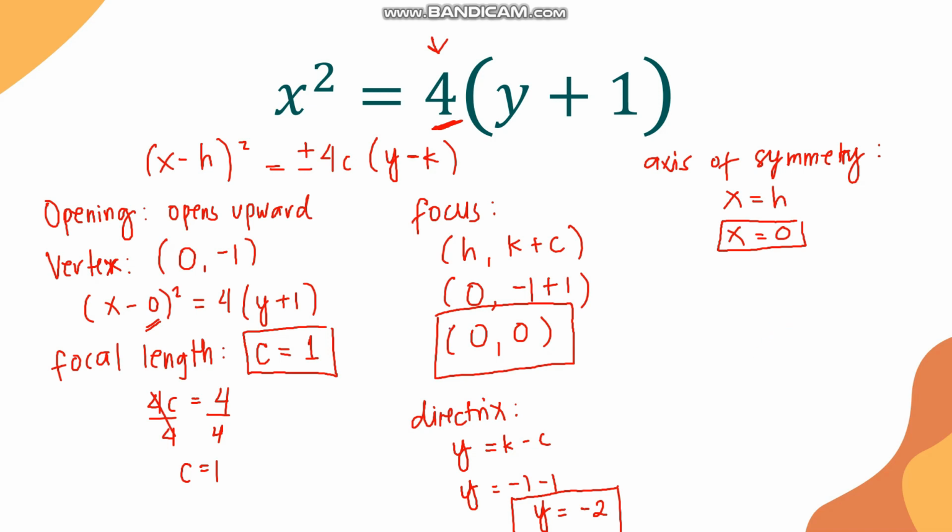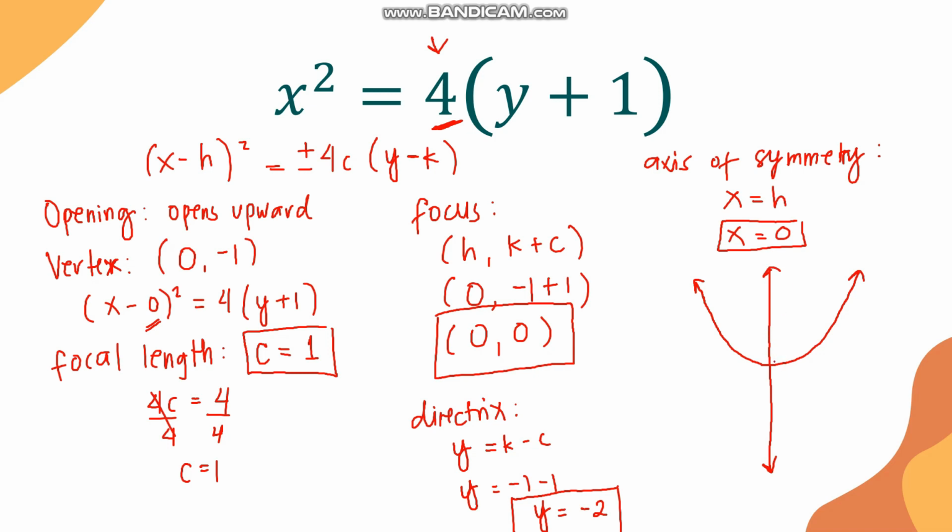Now we can graph the parabola using the parts. It opens upward, so it's something like this. The axis of symmetry is x equals 0, which is just our y-axis.